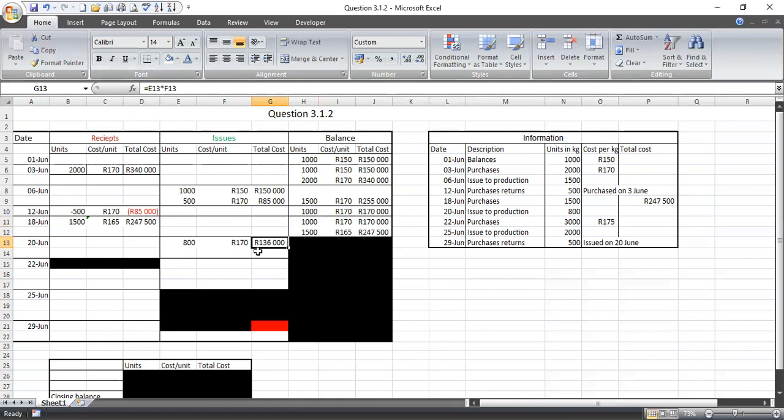136,000. Now that we have recorded the issue to production, we can calculate our balance. We can't bring down the 1,000 units because from the 1,000 units, we have issued 800 units.